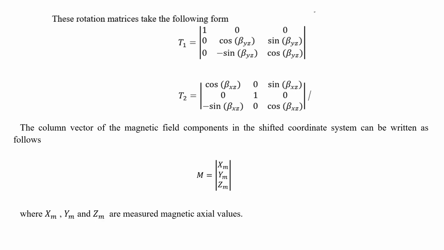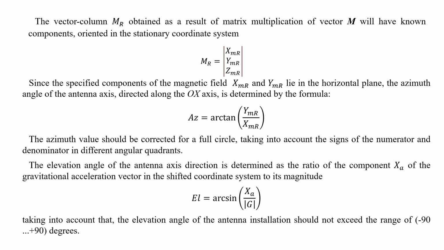The column vector of the magnetic field components in the shifted coordinate system can be written as follows, where xm, ym, and zm are measured magnetic axial values. The vector column M is obtained as a result of matrix multiplication, and vector M will have known components oriented in the stationary coordinate system.